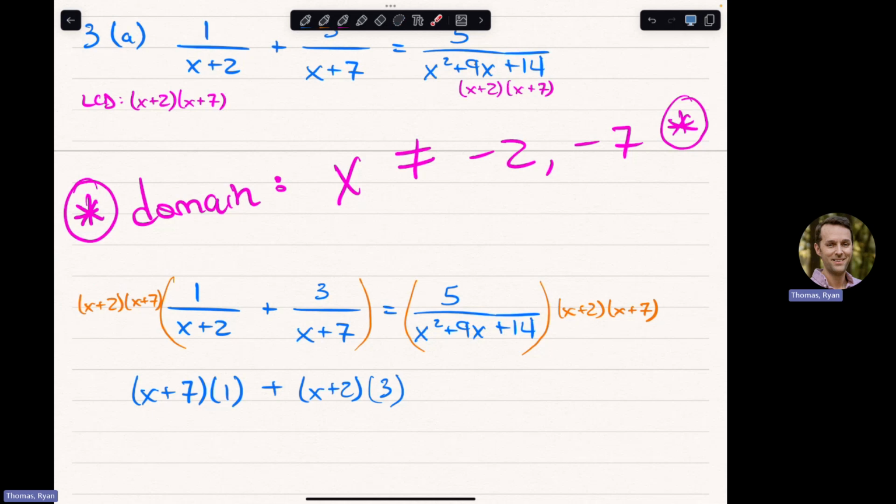This is the surviving part of the LCD. This is the numerator that was there, right? And then on the right-hand side, all of it cancels, because x squared plus 9x plus 14 is x plus 2 times x plus 7, right? So it cancels the whole thing, and we're left with 5.